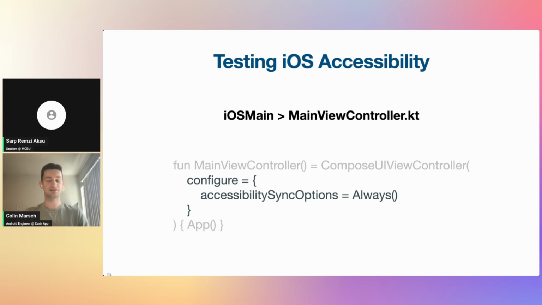So the accessibility inspector allows you to sort of simulate what VoiceOver, the screen reader technology on iOS, would see if you were using this on a real device. Without this configuration option set, the iOS accessibility tree right now is only updated if there is a connected assistive technology.